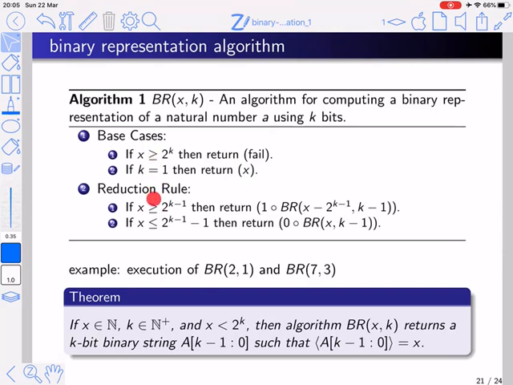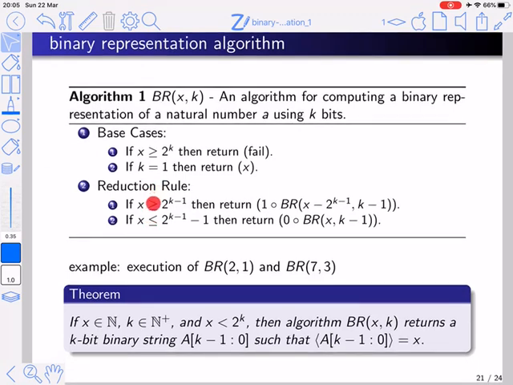What is the reduction rule? The reduction rule deals with two cases. Either x is greater than or equal to 2 to the power of k minus 1, or x is less than or equal to 2 to the k minus 1 minus 1.